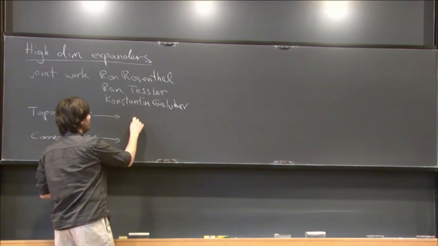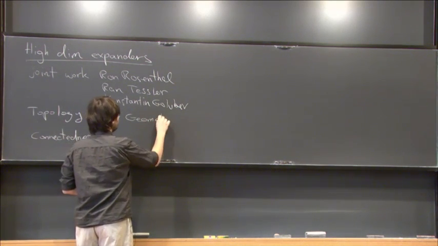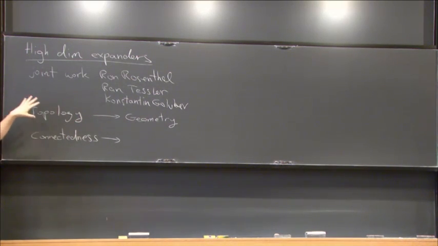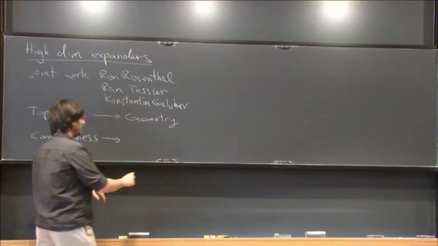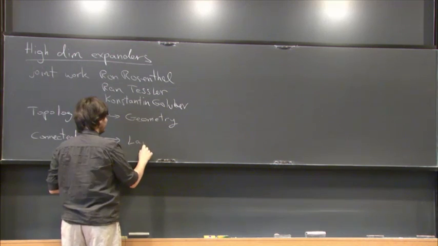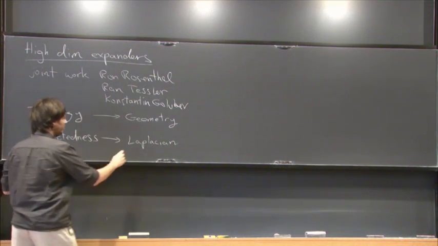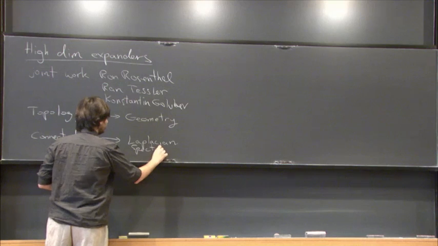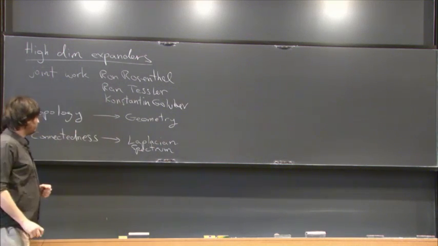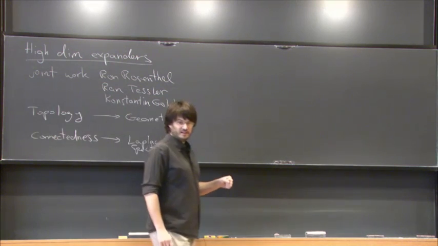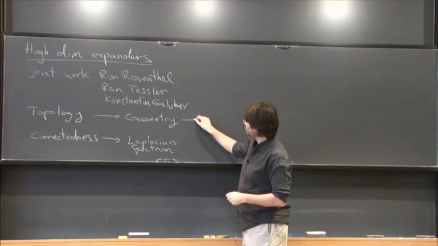Then we have geometry, which can be thought of as a quantitative measure of things we see here. Here it's the spectrum of, let's say, the Laplacian, which also tells us about connectedness, but now in a quantitative way. And then we want to take it to combinatorics.